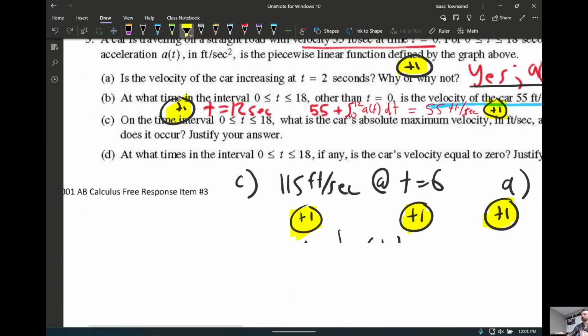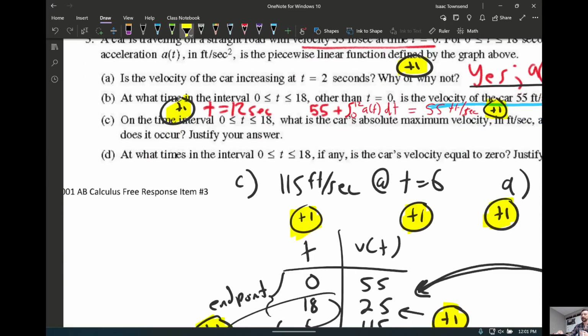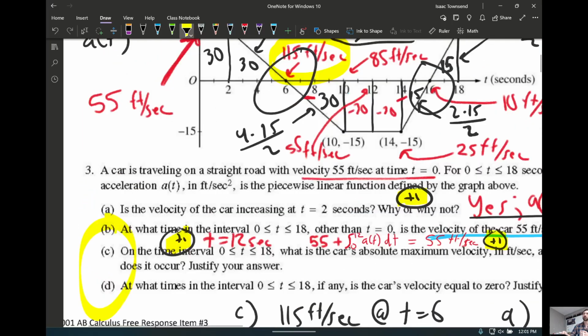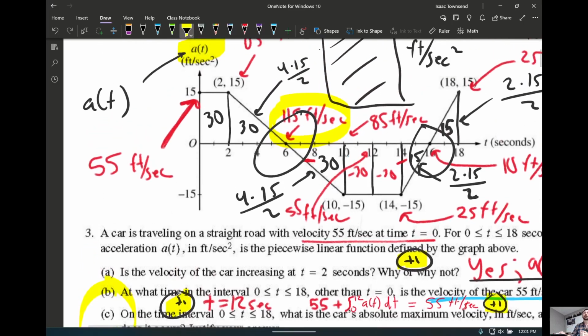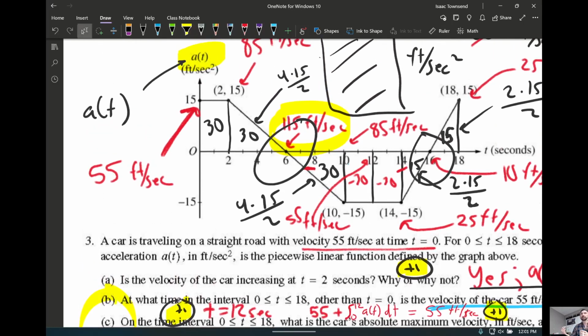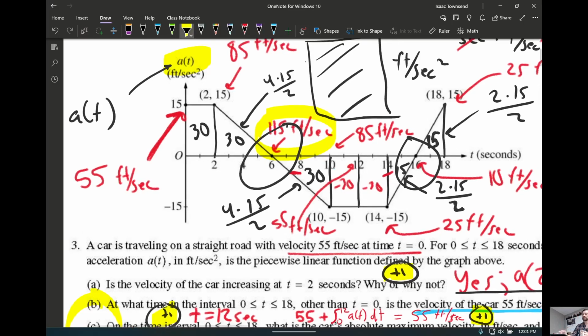Then we can figure out if it's ever 55, when's the max velocity, is it ever 0. It's pretty easy to answer questions B through D if you have all of this information. And again, this is calculus, but it's really just area of rectangles, triangles, and adding and subtracting. So the arithmetic side is pretty easy.